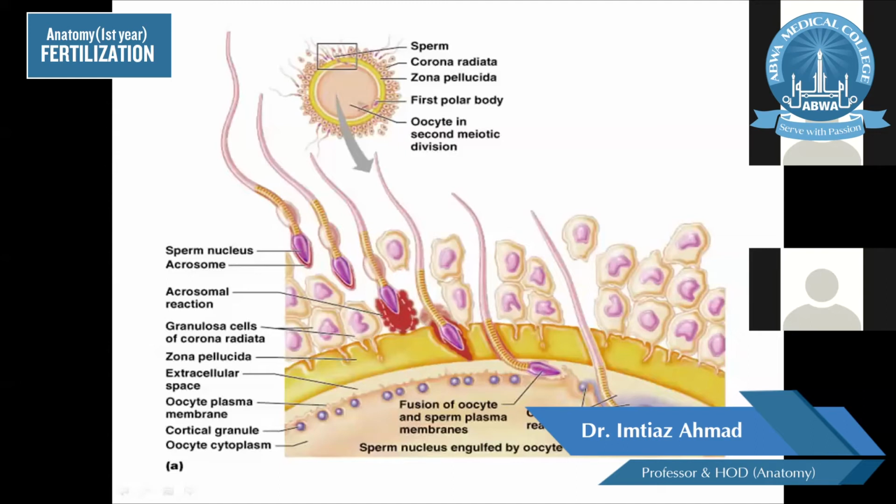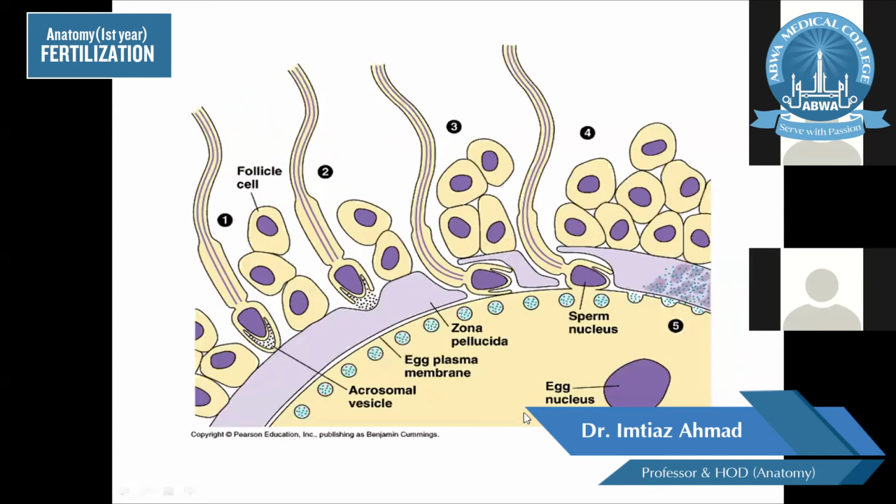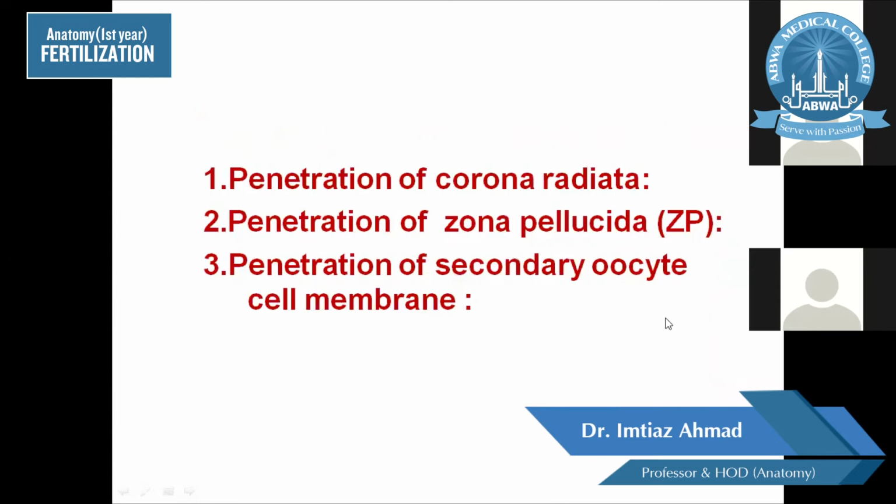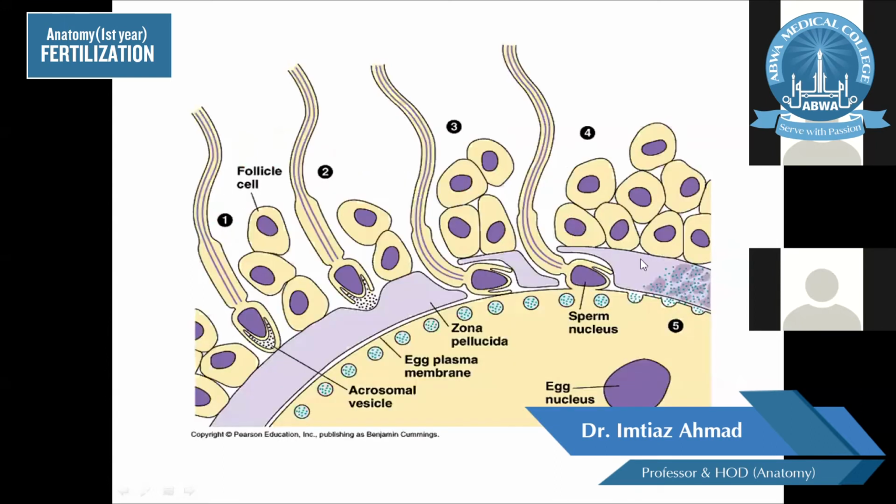Okay, let's see another view. This is the zona pellucida, and here is the secondary oocyte. Along the cytoplasm, outside near the plasma membrane of the oocyte, you see these small globules.